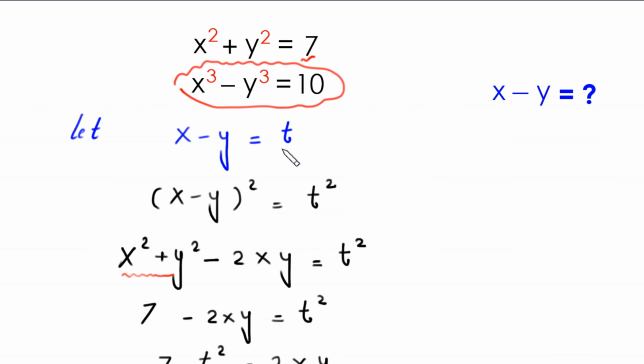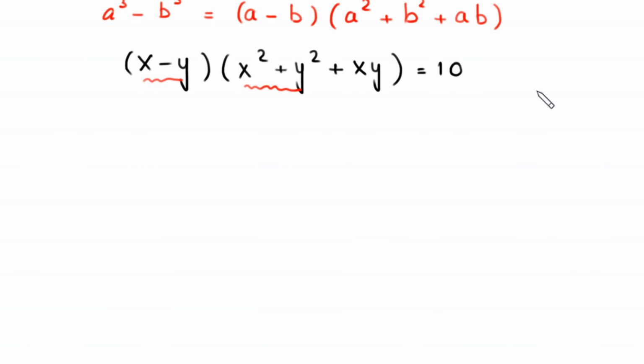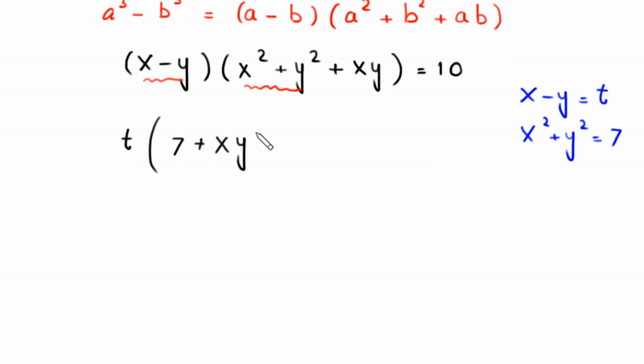Since x minus y is equal to t and x squared plus y squared is equal to 7, this will become t times (7 plus x times y) is equal to 10.